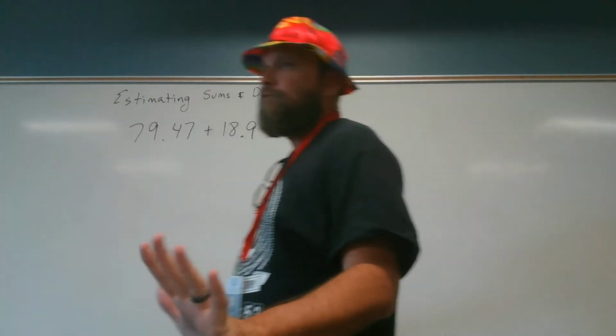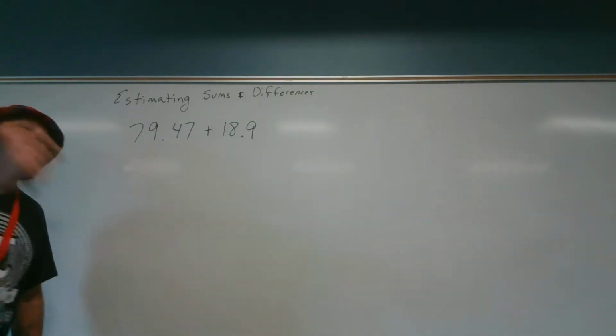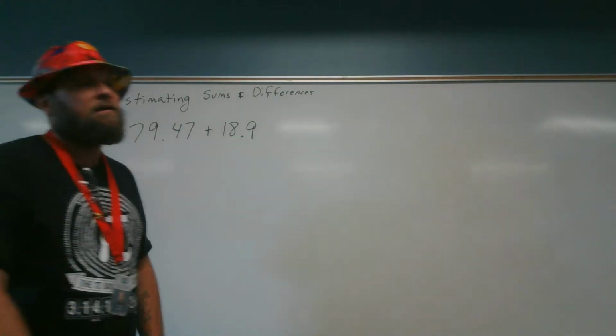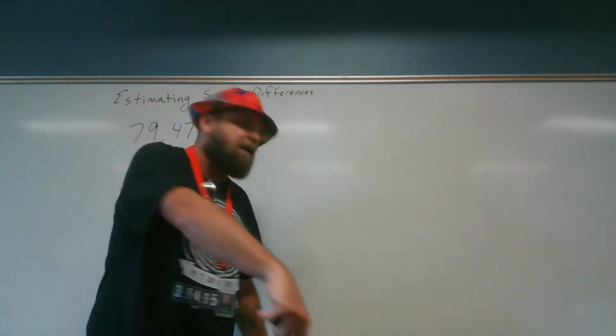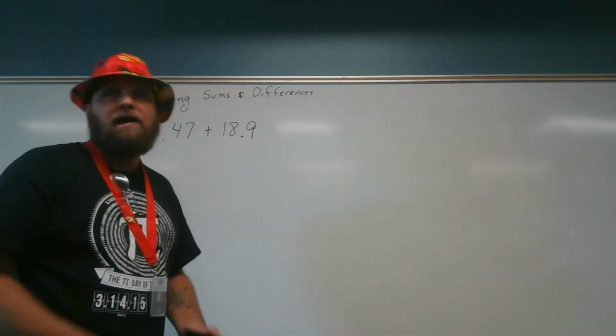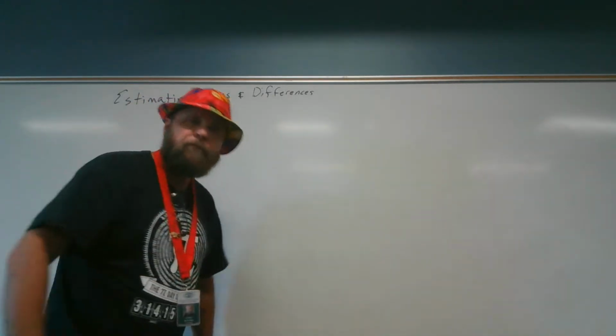I know you have. But estimating is what you do before you find the exact answer. Estimating is supposed to help you see if your exact answer's in the ballpark, in the neighborhood, close.